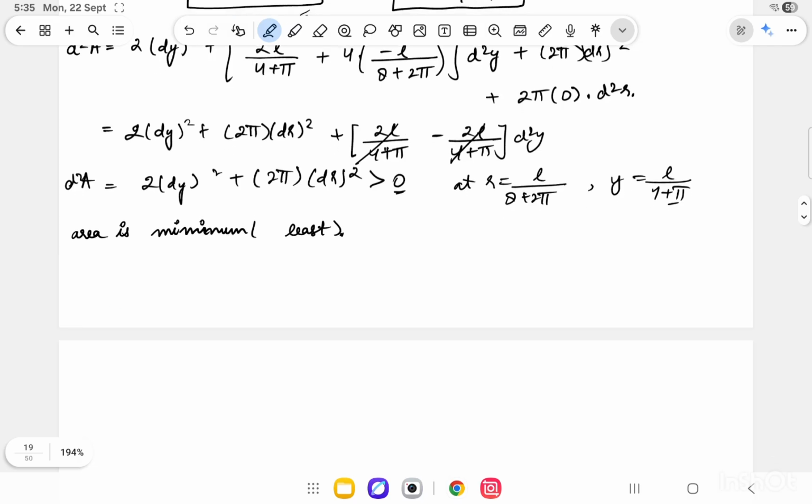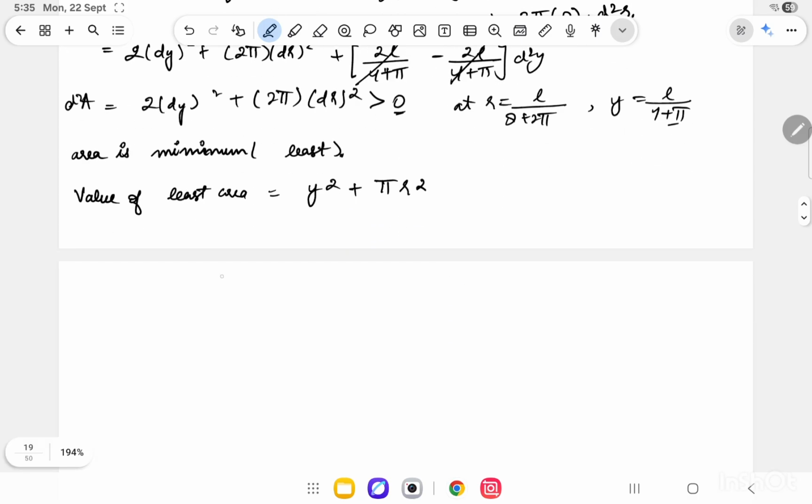So the value of the least area will be basically y square plus pi r square. So that will be, y is basically L divided by 4 plus pi, squared, plus pi into r square, that is L divided by 8 plus 2 pi, squared.